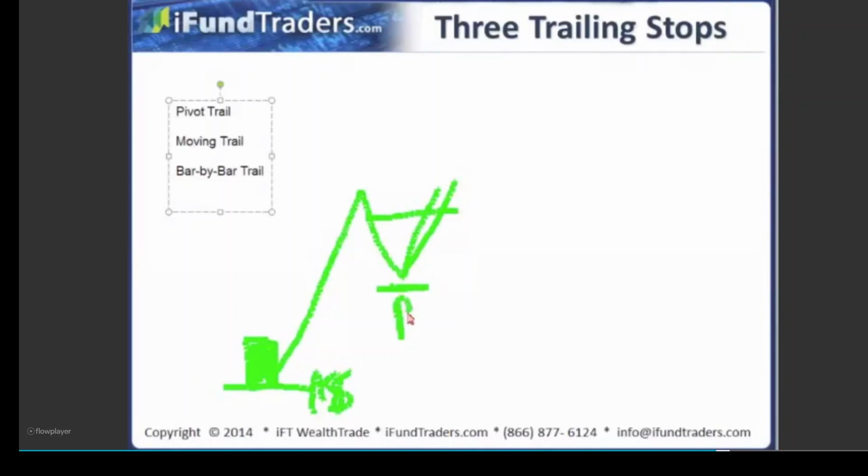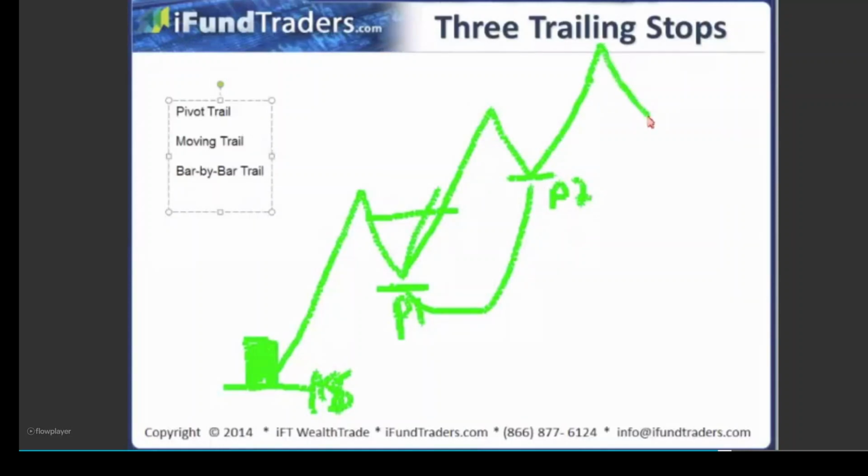Then you have what is called pivot one. And this is the pivot trailing stop method. The pivot trailing stop method calls for you to be able to sit through pullbacks, to sit through multiple bar pullbacks, as long as your prior pivot is not violated.